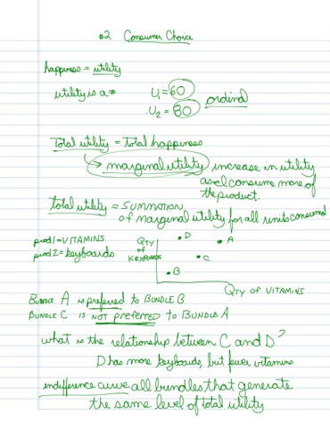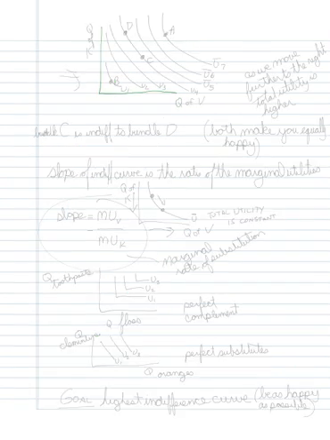Let's graph this out. I'm just going to keep this easy here. Quantity of vitamins, quantity of keyboards.